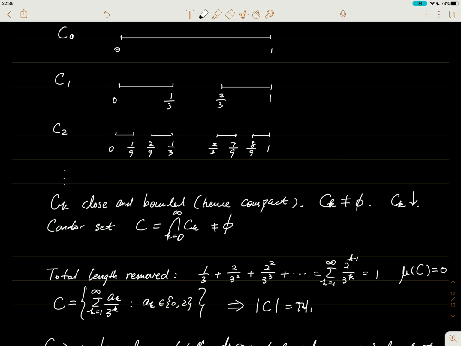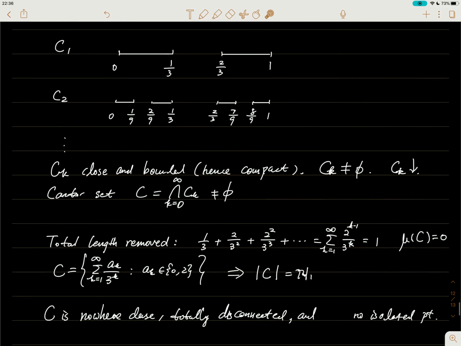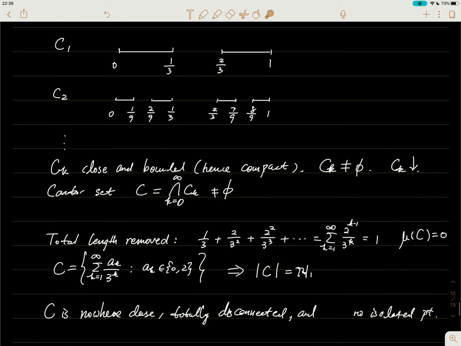Or you can see this by noting that this is actually the intersection of these C_k, and each C_k is measurable. So the measure of C is 0, but the cardinality of C is actually uncountable. It's aleph-1.